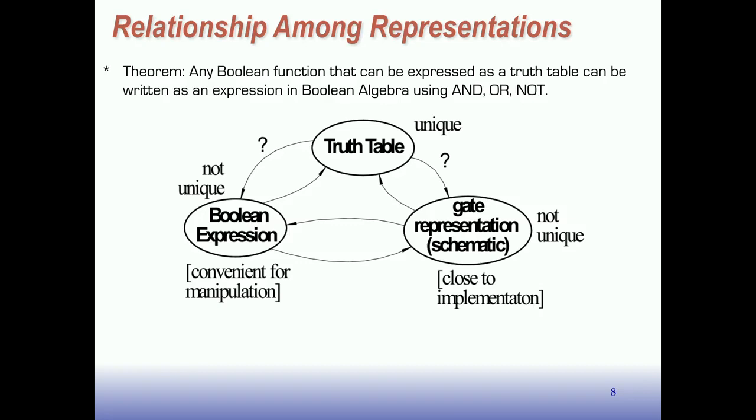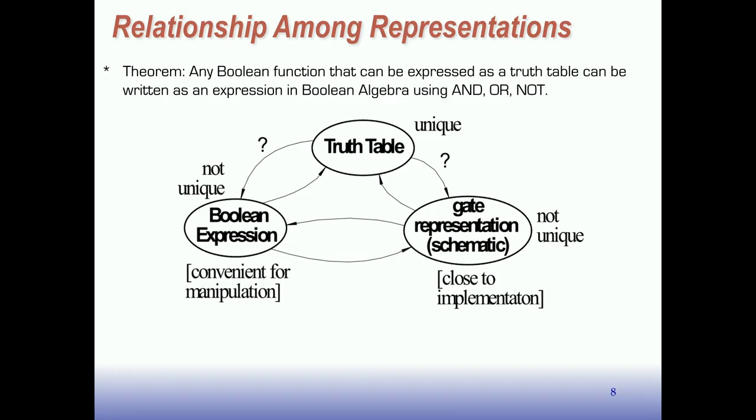The reason we have these three different representations is that they serve different purposes for us. The truth table is the definition of the function. But as we'll see, it's really of limited use except for very simple functions. The Boolean expression is very convenient for manipulation because we can use our intuition and our rules about algebra to manipulate the expressions.